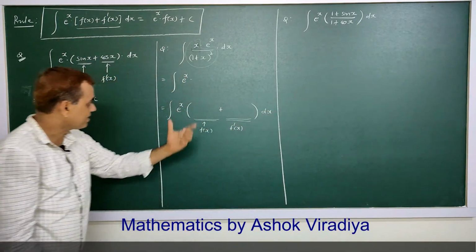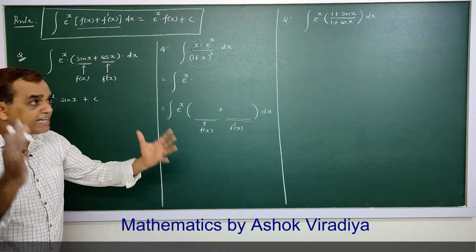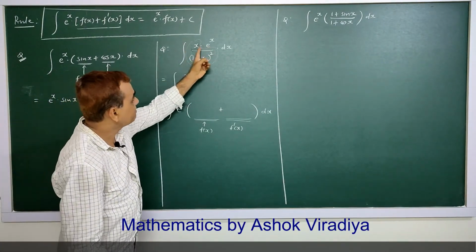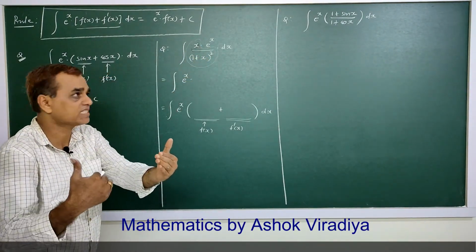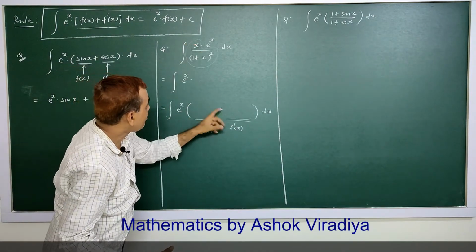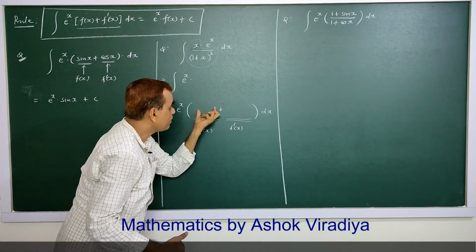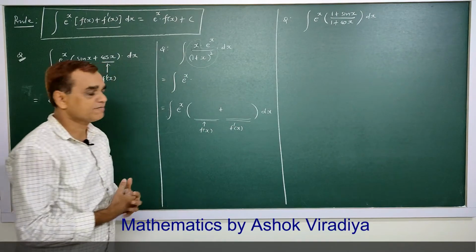We need this pattern. So we are trying to split up this part, which is besides e raised to x, into a sum of two parts such that one part is f(x), other part is f'(x).